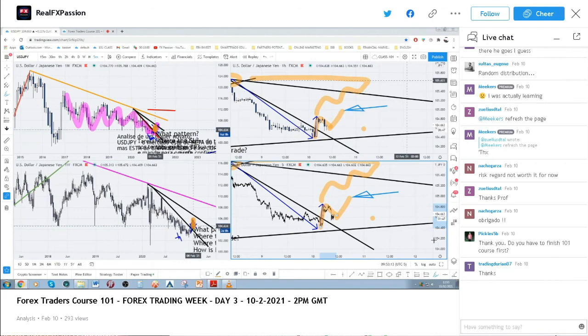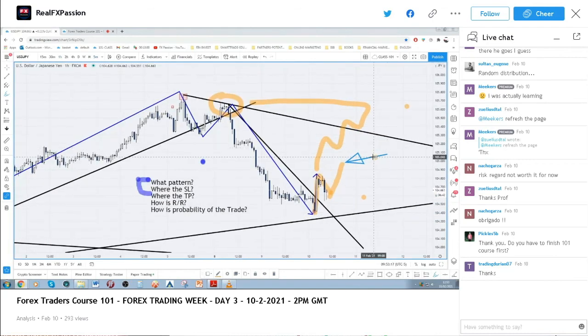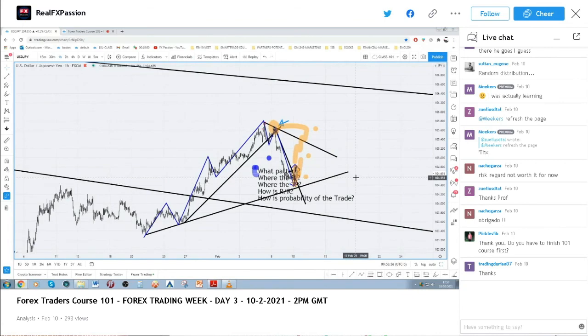From the 1-hour standpoint, this trade is still risky. Why is that? Because the 1-hour wave is still down, and this price level, 105,600, is the level that says the 1-hour chart is not in a retracement anymore.